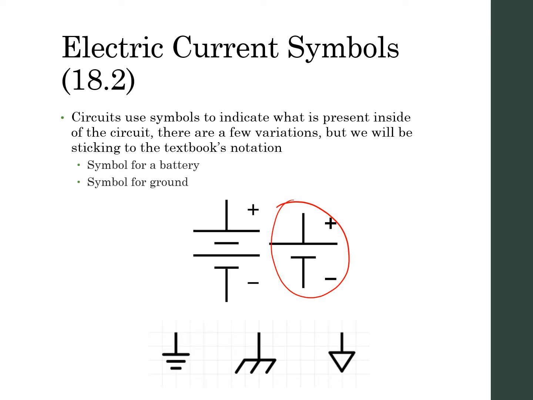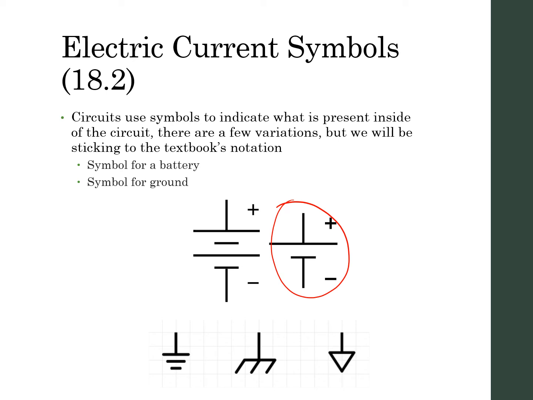The other thing that you might see in a circuit, we're probably not going to see very many of these, but a lot of, especially more modern homes, now it's a requirement, they have a ground in them. So excess electrons can then flow into the earth.